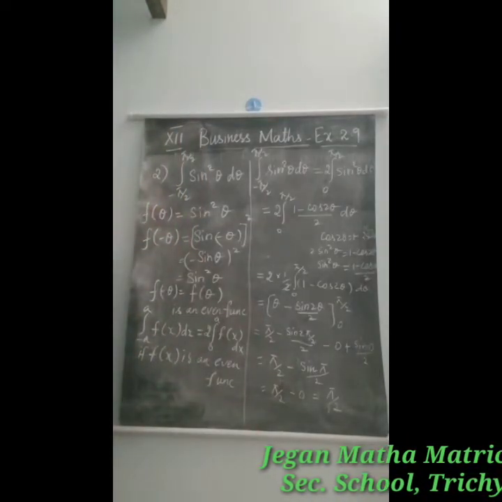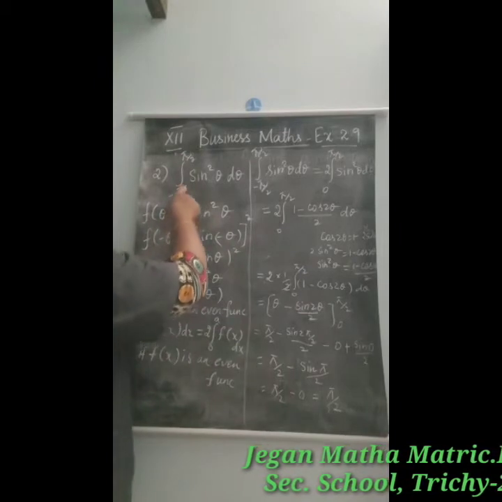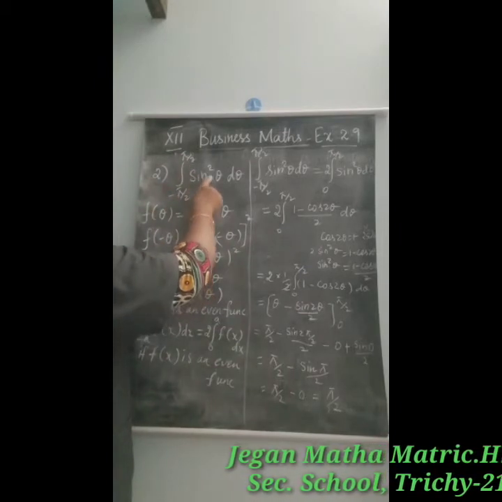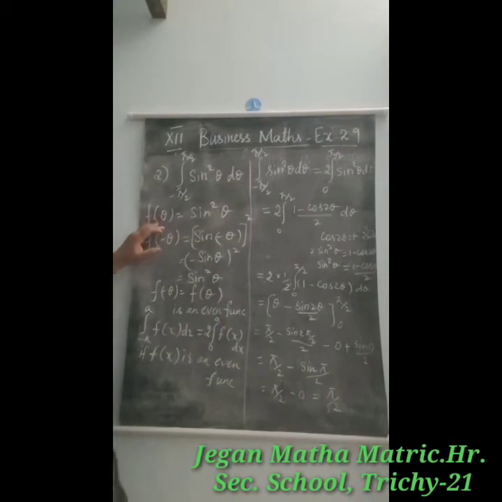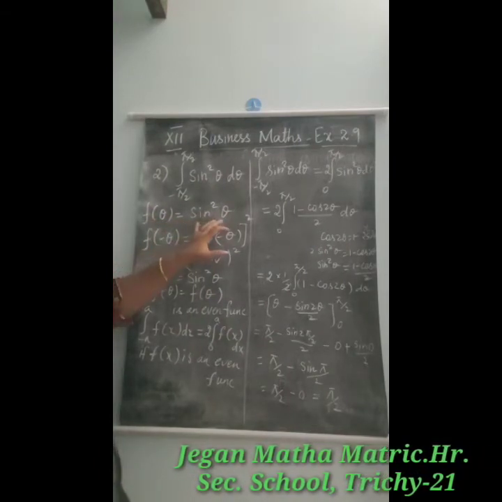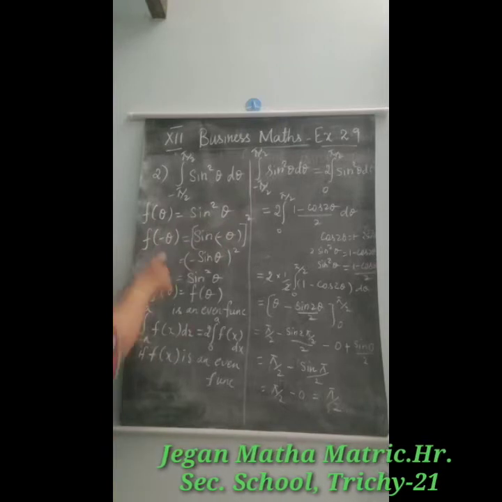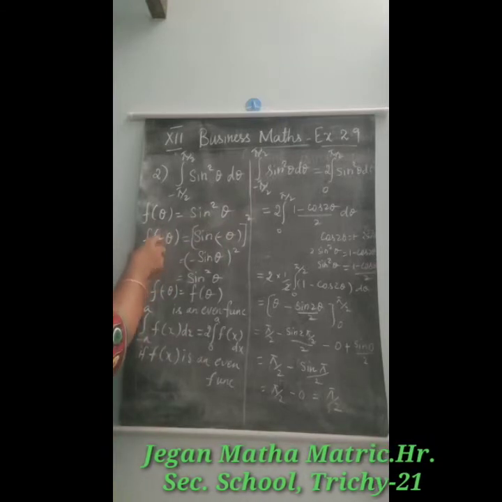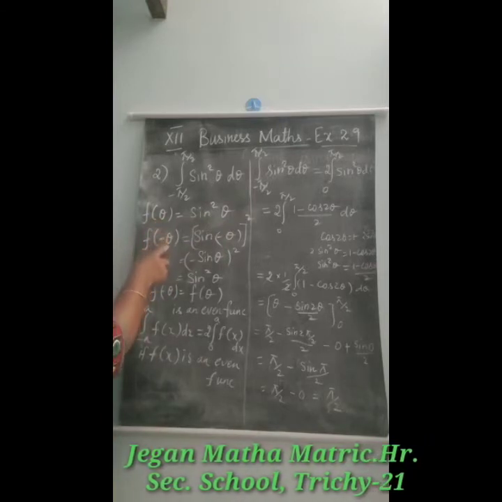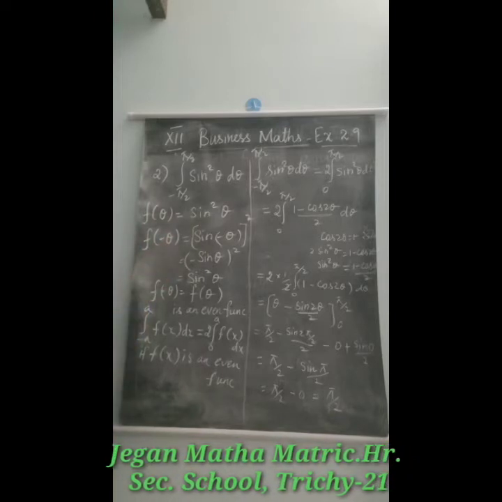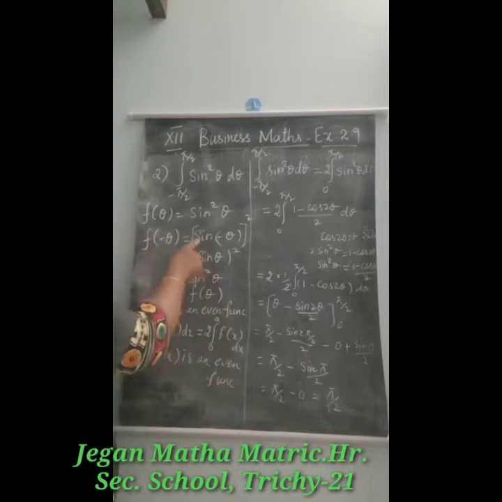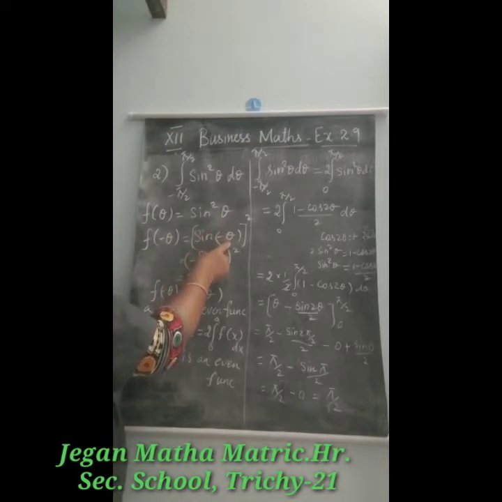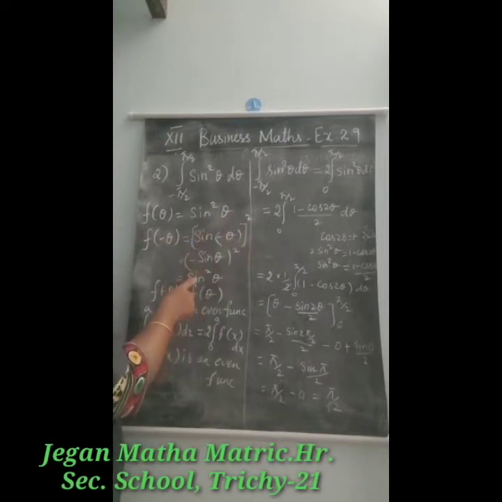The second question: integral of -π/2 to π/2 sin²θ dθ. Let us consider f(θ) = sin²θ, and f(-θ). Instead of θ, we substitute -θ. So f(-θ) = sin((-θ))². Sin(-θ) is -sin θ.